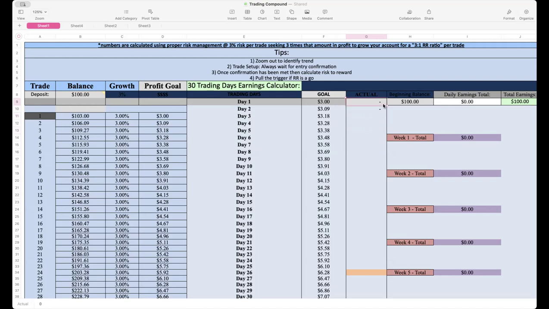So let's see, Monday, 0, Tuesday, 0, Wednesday, 0, Thursday, 0, Friday, what did we say our total was going to be? 1940. Whatever your TP, whatever your amount is that you take, where you take profit, 1941.92.